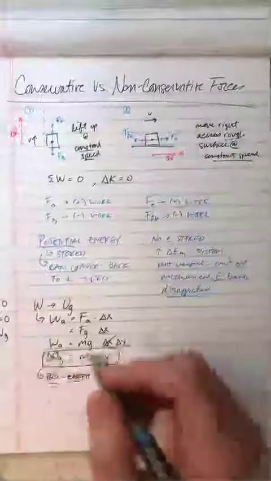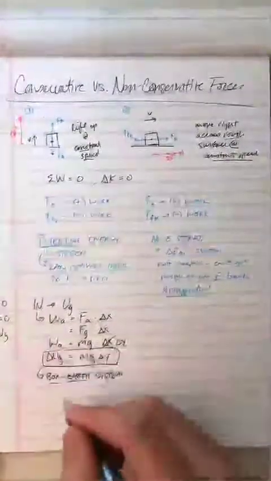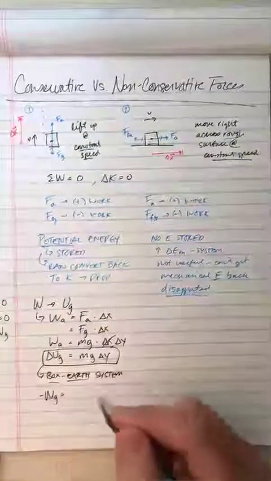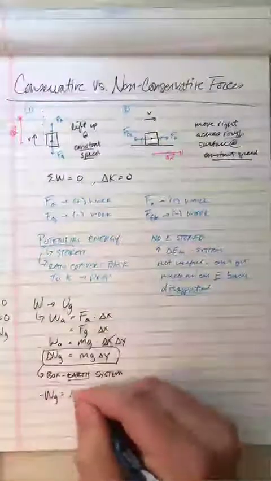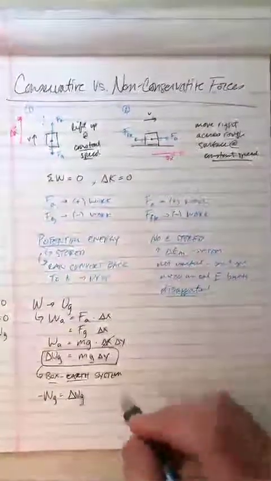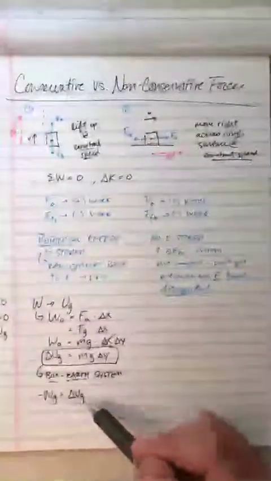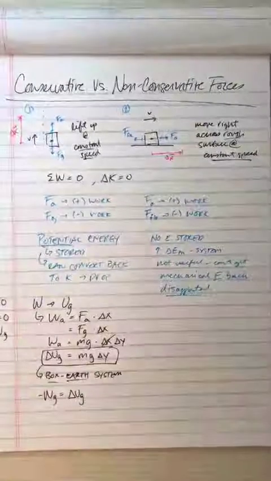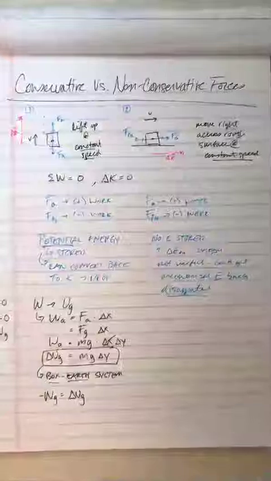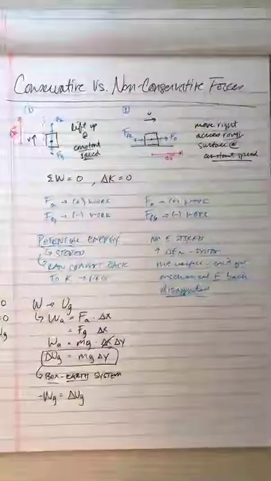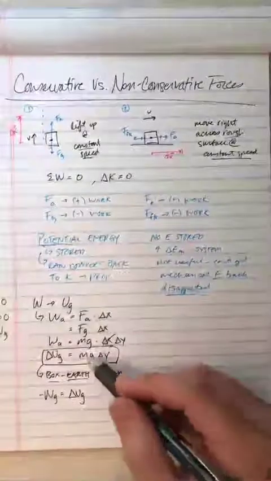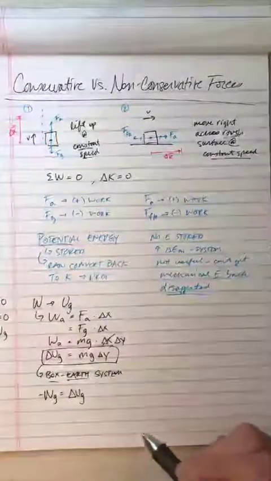So we can say in this case that when gravity does negative work, the potential energy of the system with respect to the gravitational force increases by the same amount. So anytime something elevates in a gravitational field, that gravitational field is essentially storing up mechanical energy related to the height in the gravitational field and the weight of that object.